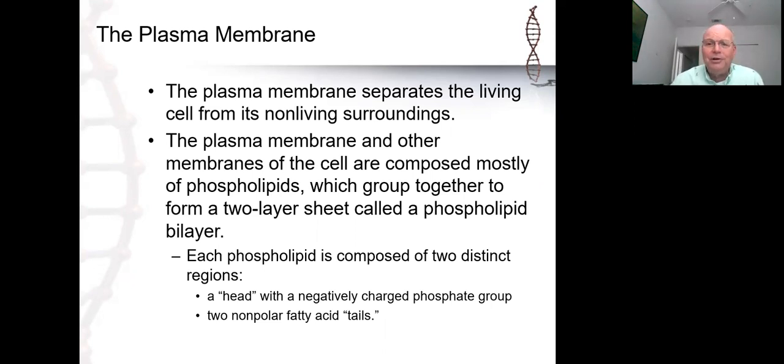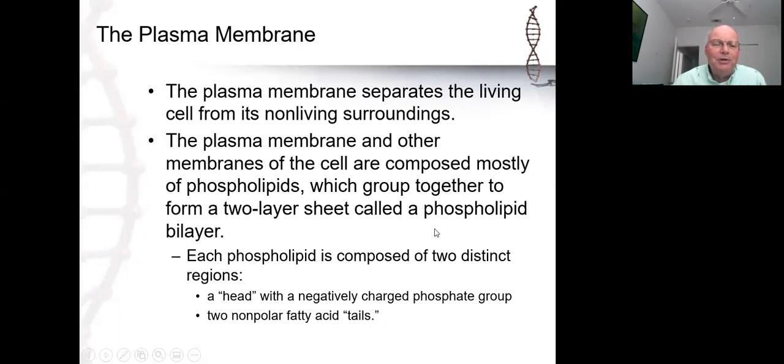It could be the plasma membrane, it could be the membranes associated with different organelles. The basic structure of a cell membrane is a bilayer of phospholipids. Now, you may recall from a previous chapter that a phospholipid is an amphipathic molecule, meaning it has a hydrophobic region and a hydrophilic region.